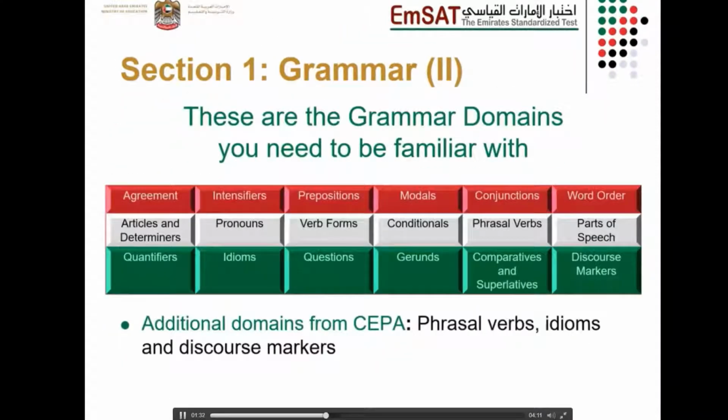We are revising the grammar section. There's another type of question. These are the grammar domains you need to be familiar with. We're going to get another question according to these domains.